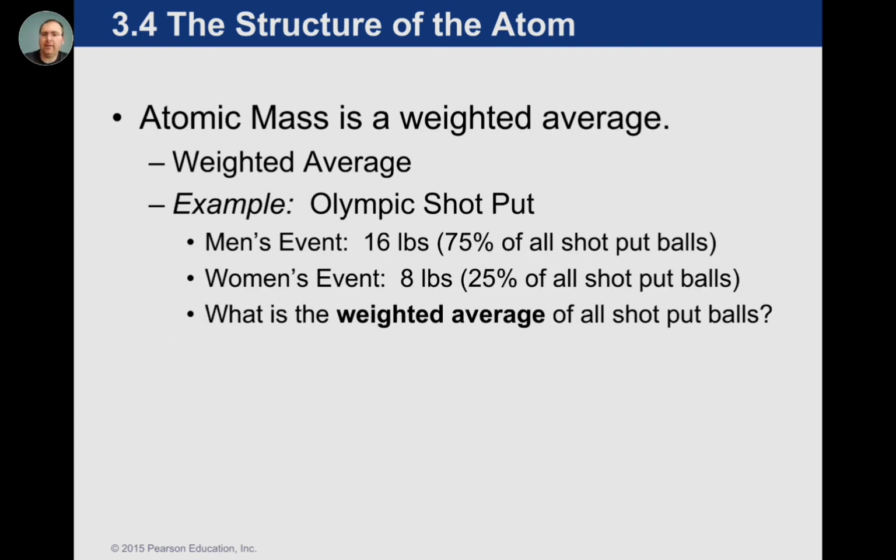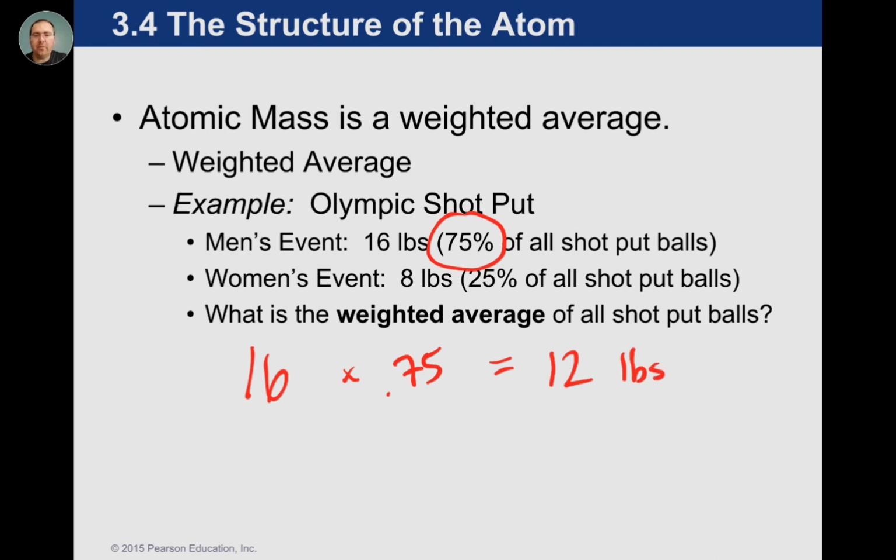So if we look at the weighted average of a simple example like Olympic shot put, in the men's event they use 16-pound shot put balls. So what we're going to do here is take that number 16 and then realize that if we multiply by 0.75, which is the 75%, we're going to get 12 pounds on average.